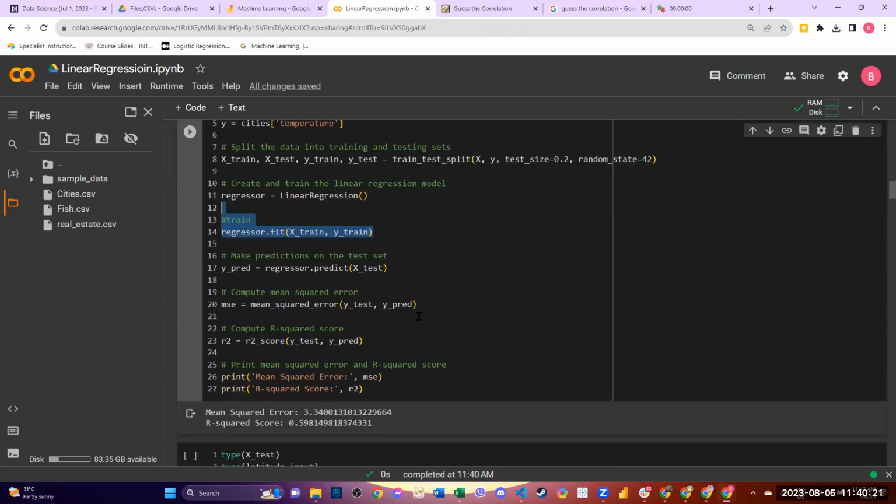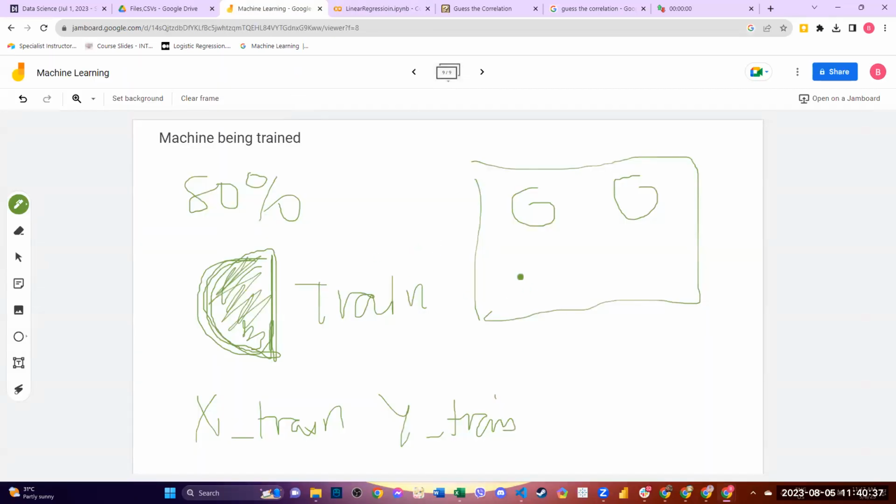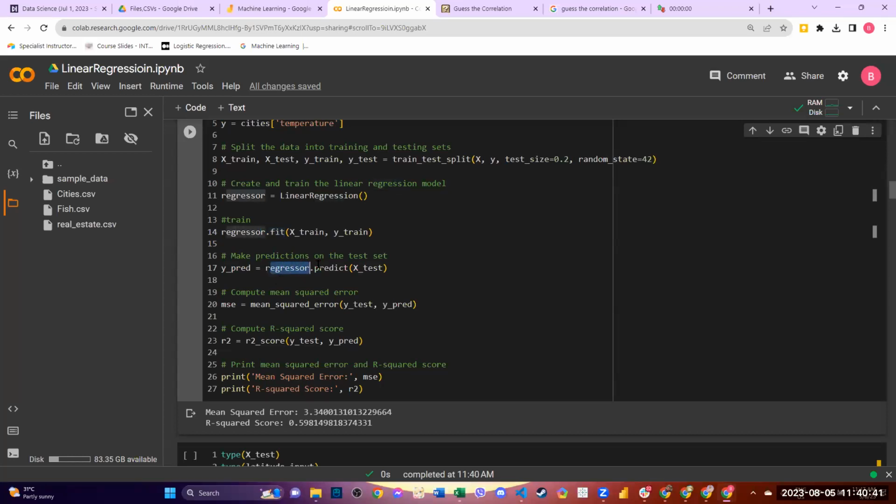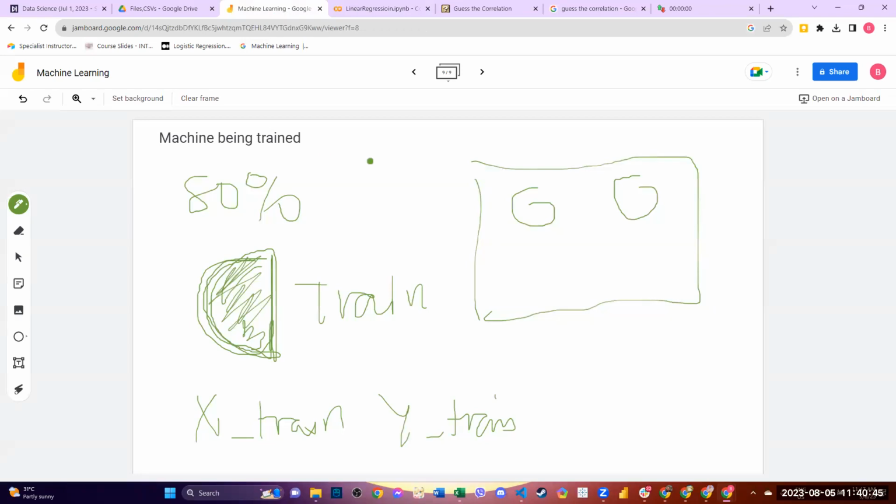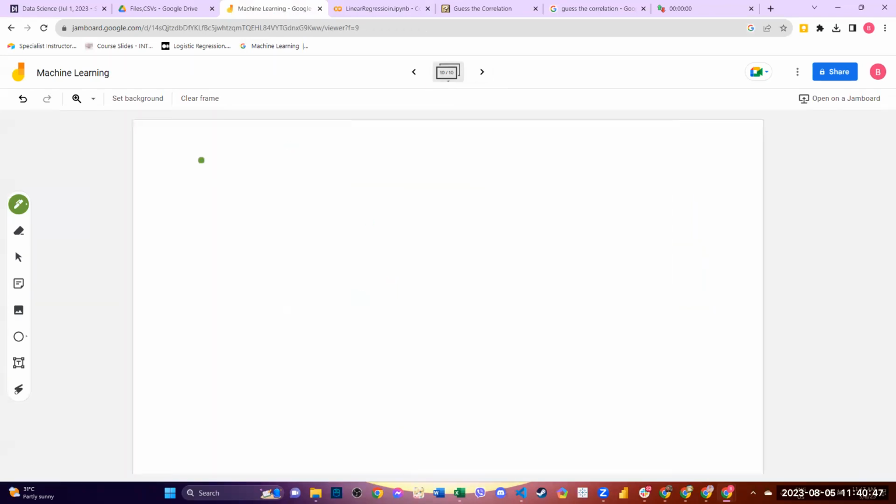And now we will test the robot. So we use the regressor.predict instead of fit. Remember that if you use regressor.fit, you are training the machine. And when you use regressor.predict, you are testing the machine.